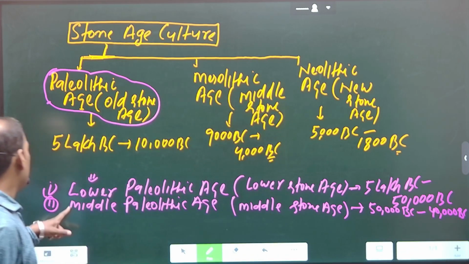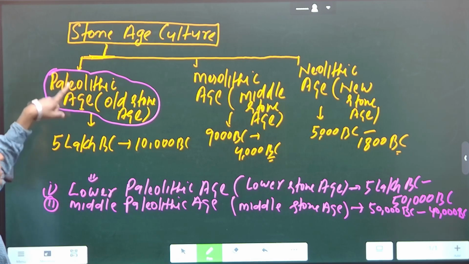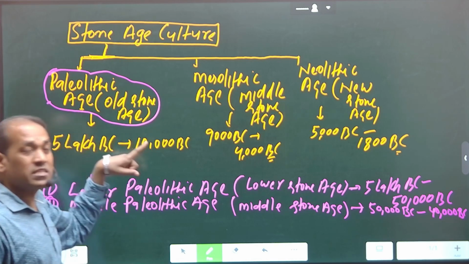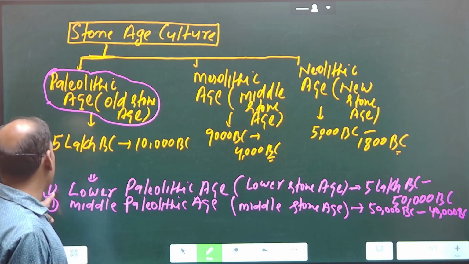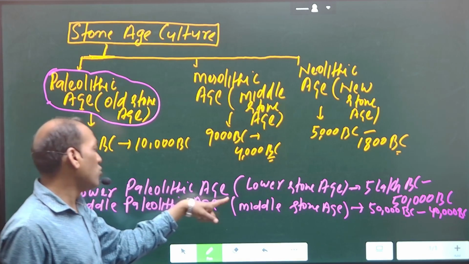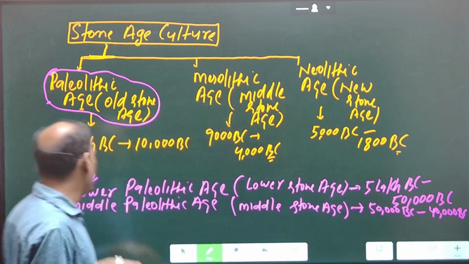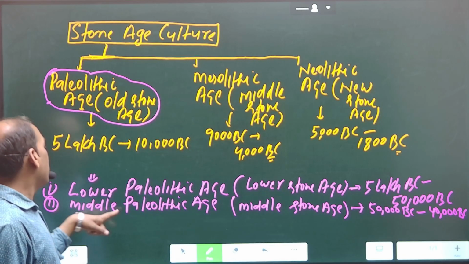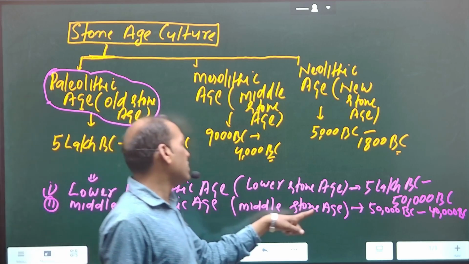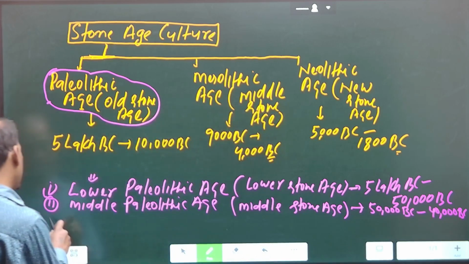So when you categorize this Paleolithic age, it is categorized into three parts. First is lower Paleolithic age, lower Stone Age, 5 lakh BC to 50,000 BC. Then second is middle Paleolithic age, middle Stone Age, 50,000 BC to 40,000 BC.